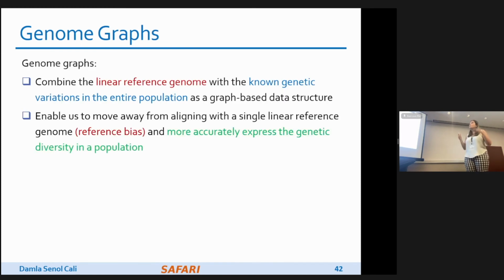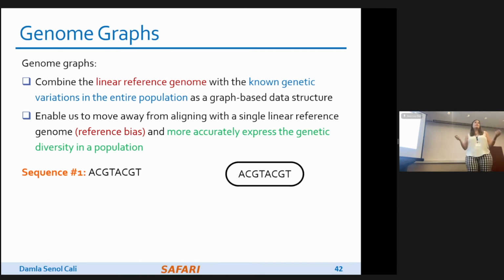So to understand what genome graphs are, let's say this is our initial sequence. So we have only a single node. But let's say we have another sequence in the population which has a variation on the fourth position. So instead of a T, we have a G. So this is a known variation, let's say. If you stick with a single linear reference, we would label that G as an error and maybe correct it and move forward, whereas it was a known genetic variation.